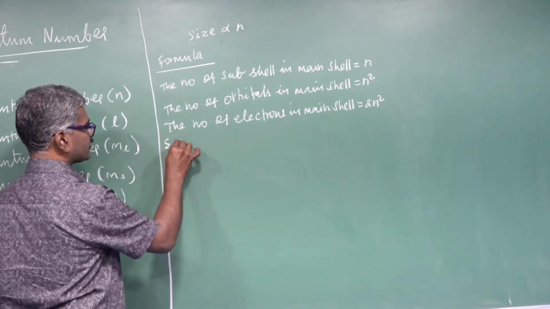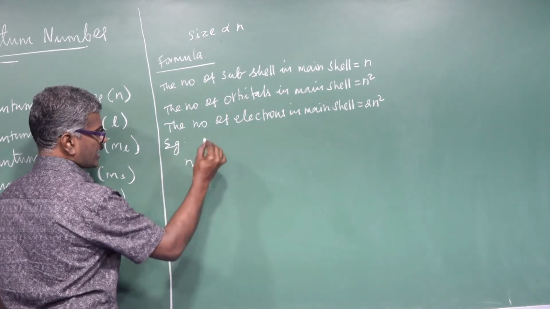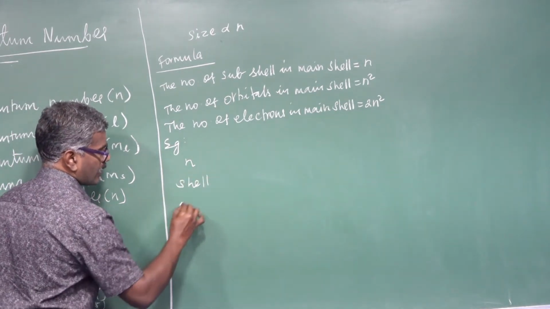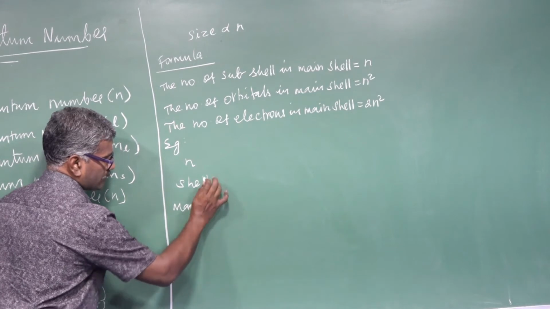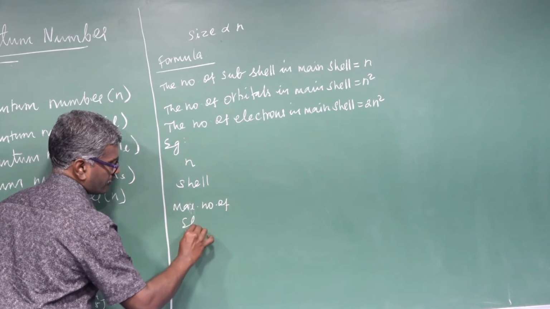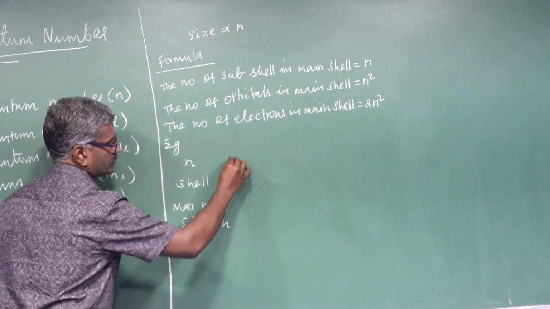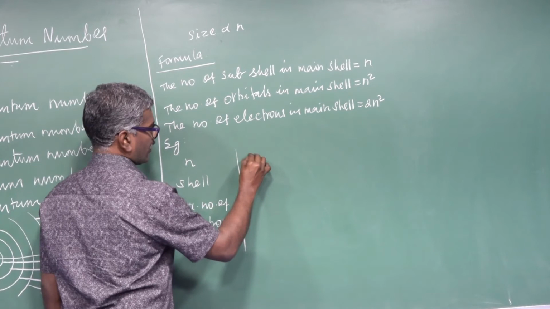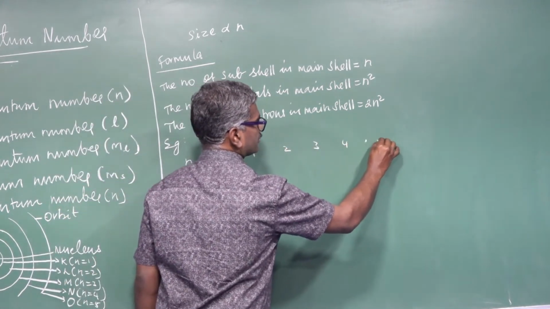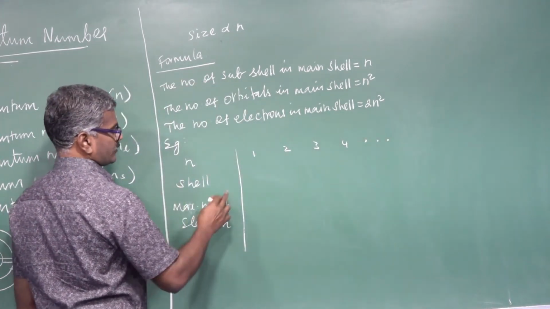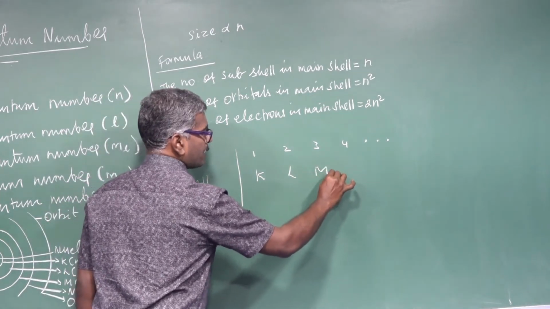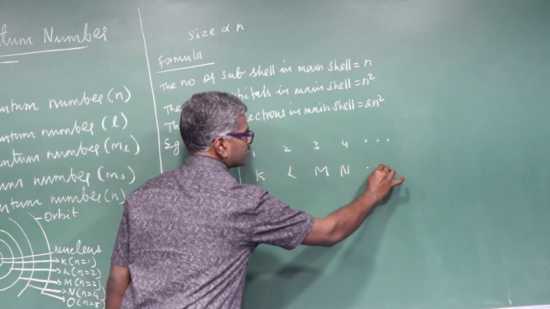For example, n is the principal quantum number, shell, maximum number of electrons. Here n value is 1, 2, 3, 4 and so on. The n value 1 means which shell? K shell, then L, M, N and so on.